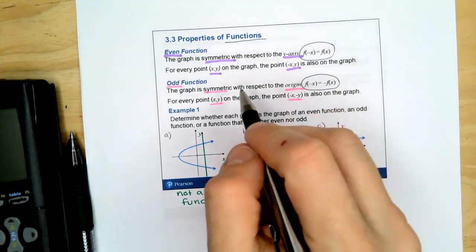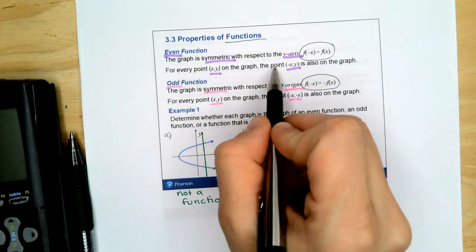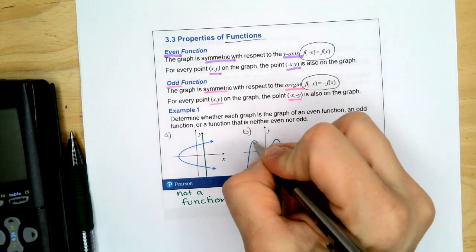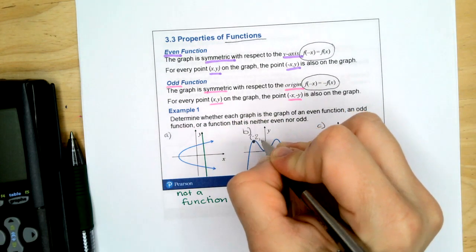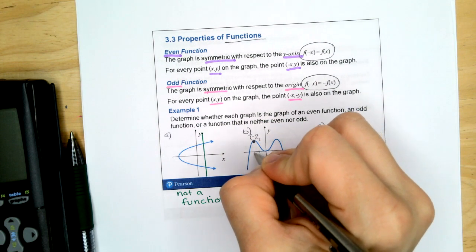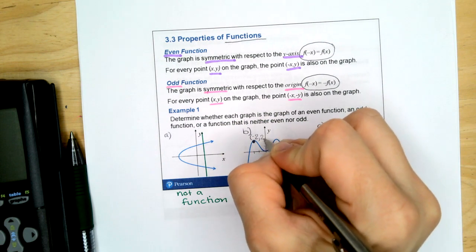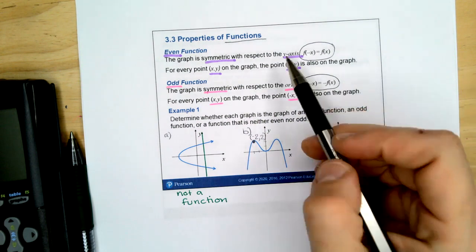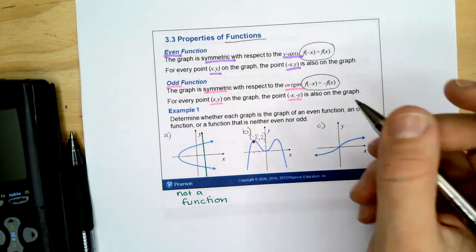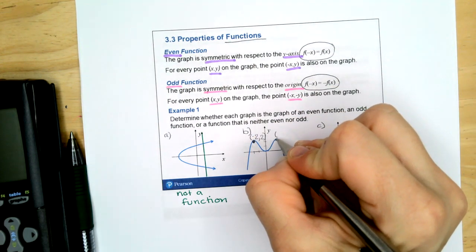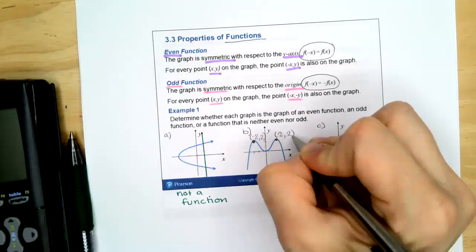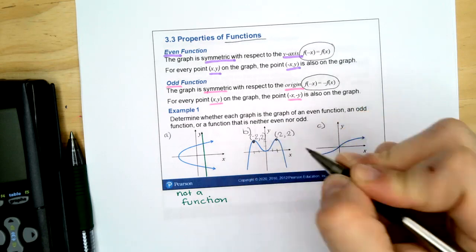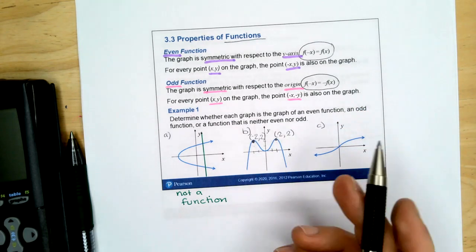For every point x, y on the graph, the point negative x, y is also on the graph. So I'm just going to make up a point here. I'm going to say that this is x negative 2, y 2. For the point x, y, negative x, y is also on the graph. So this point has to be negative negative 2, which is a positive 2, 2. And I think it is. Those look to be the same two points.